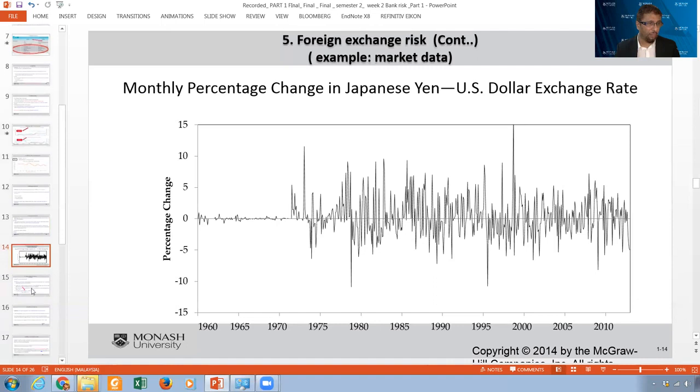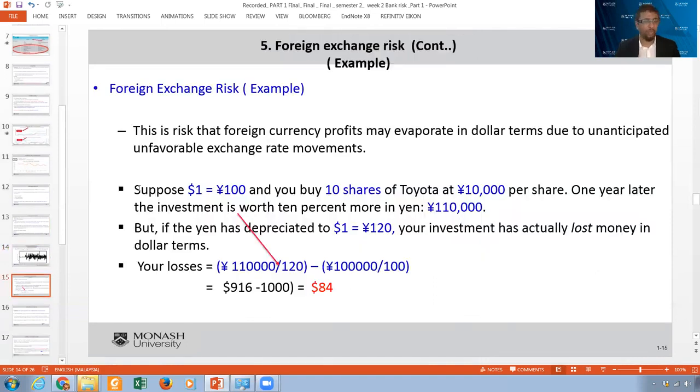Now, let me give you this example. Assume you are an American bank.